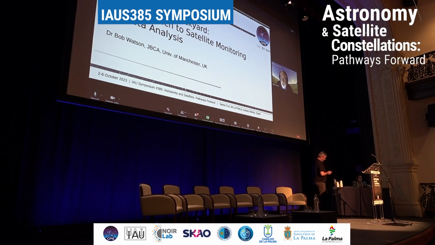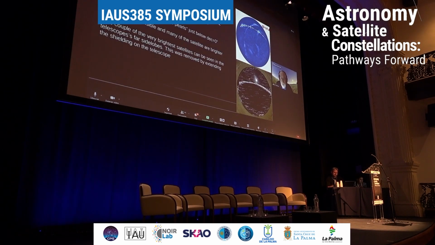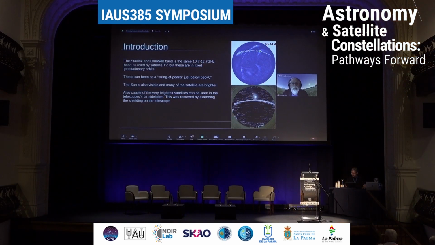Okay, right. So I'm going to talk about a side project, which started from doing tests at Jodrell. Like Mike mentioned in his first talk this morning, if you looked at the sky about 10 years ago, you would have seen at 10 gigahertz this string of pearls, which are TV satellites in geosynchronous orbits.